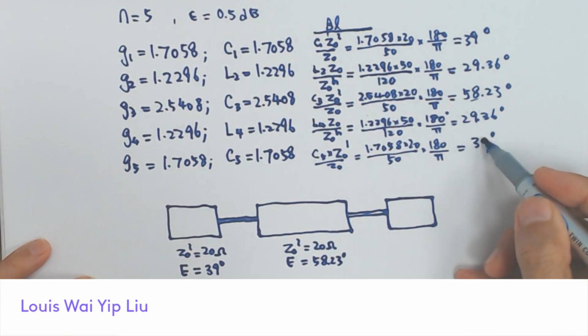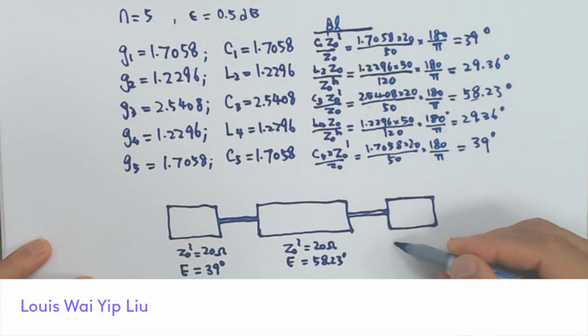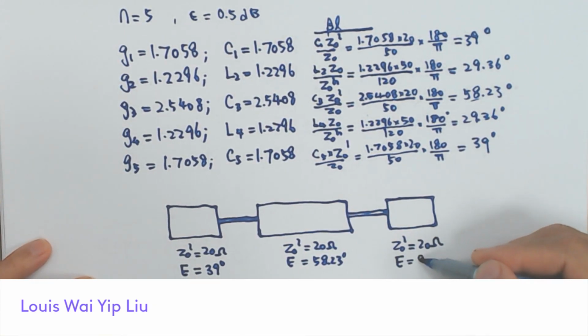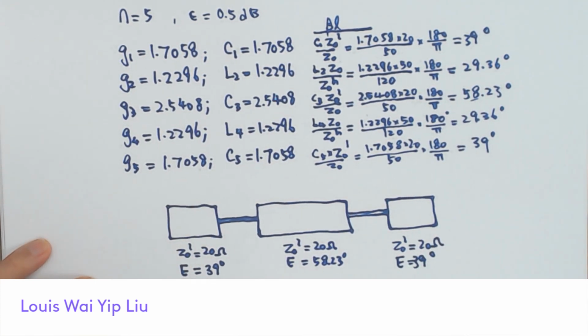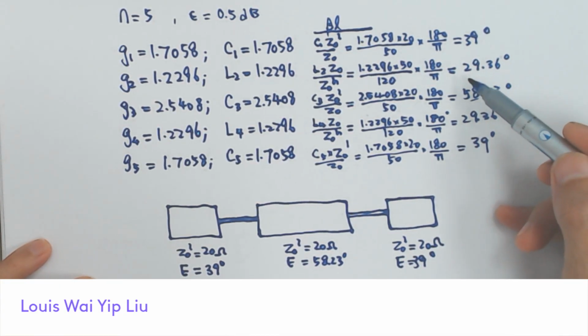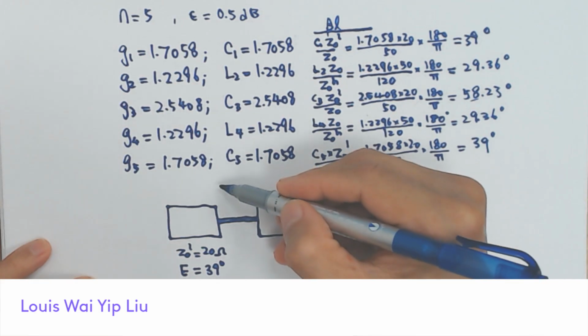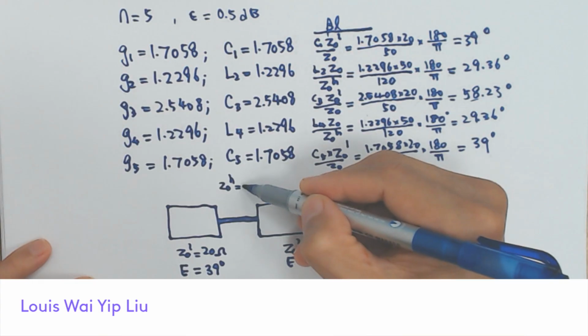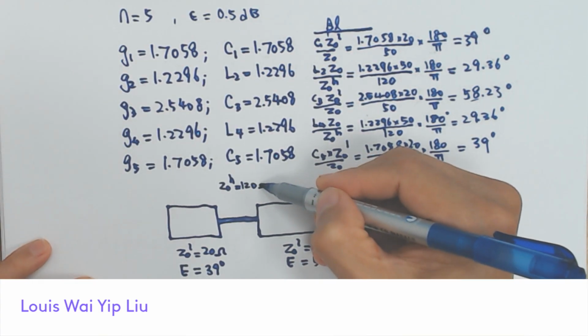And here, the characteristic impedance for the low Z is 20 ohm, and the electrical length here is 39 degrees. And for the inductor, the characteristic impedance is 120 ohm.